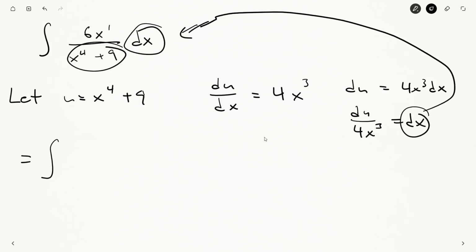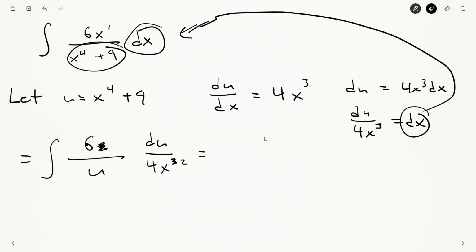There's no endpoints to worry about for this one. So the 6x stays where it is. The bottom part becomes a u. We're on our way to that 1 over u du that we all love so much. And the dx turns into du over 4x cubed. And now hopefully things will cancel out. Except they won't. An x will cancel out with one of the x's down here.